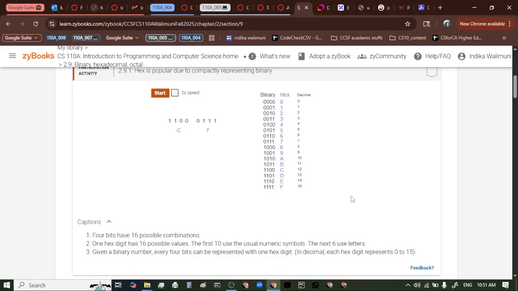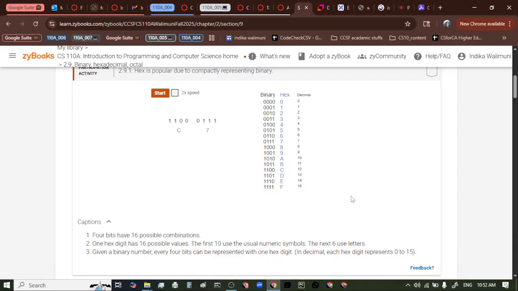So all the hex digits starting from 0 to 15, with the corresponding decimal value or face value. And if you convert them to binary, for example, if you convert this F to binary, you will end up with this. So that means the corresponding binary value must have 4 bits. Even though it is just 0, you cannot write it with just one 0 because it requires 4 zeros.